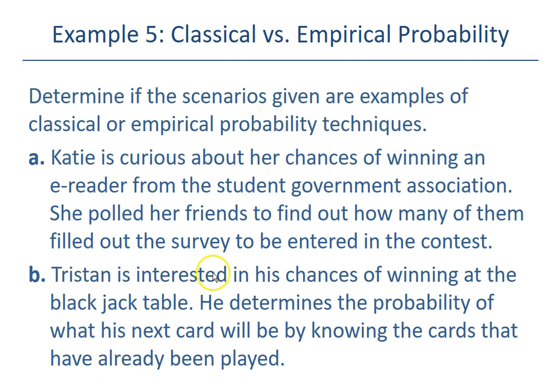All right, Tristan is interested in his chances of winning at the blackjack table. He determines the probability of what his next card will be by knowing the cards that have already been played.